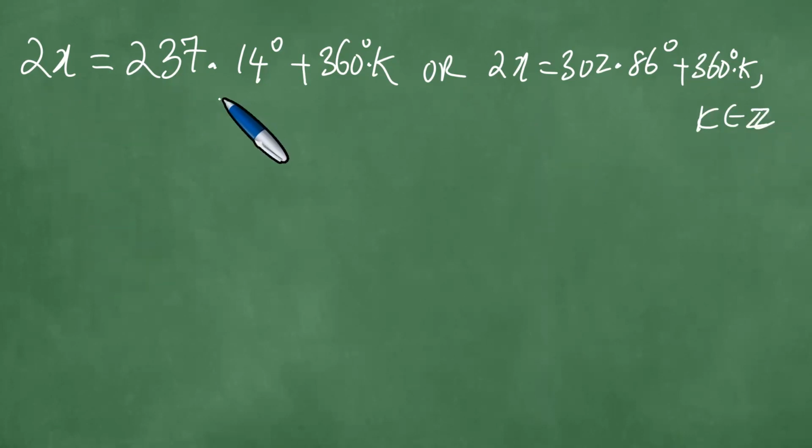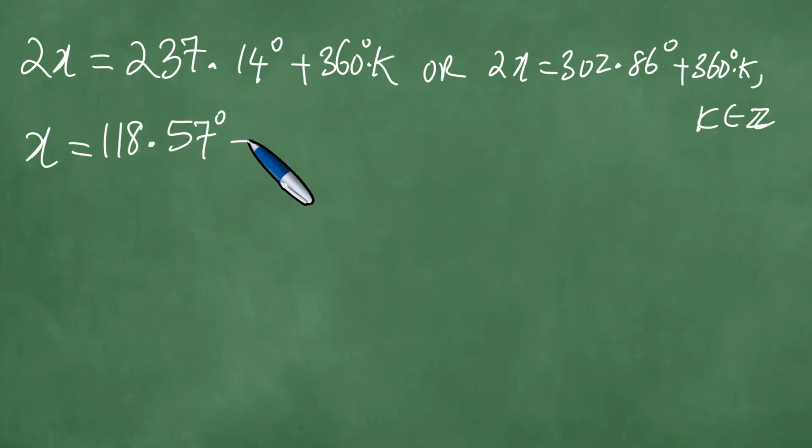Right, I divide through by 2. You divide 237.14 by 2, you get 118.57 plus 180 degrees by k.